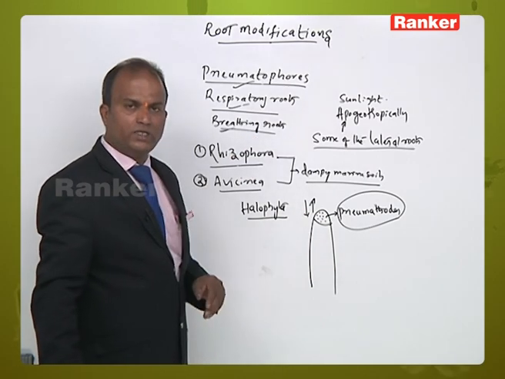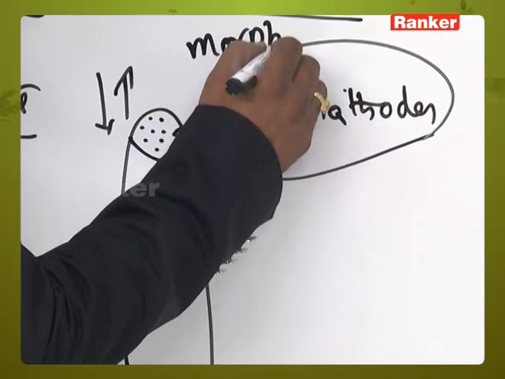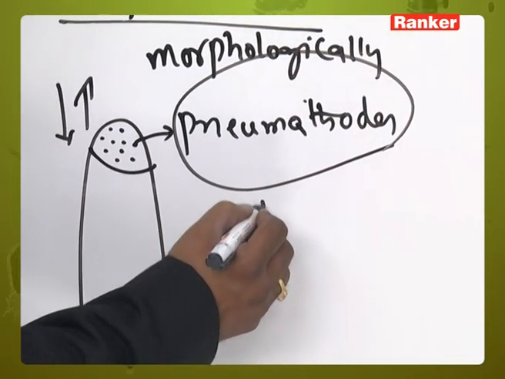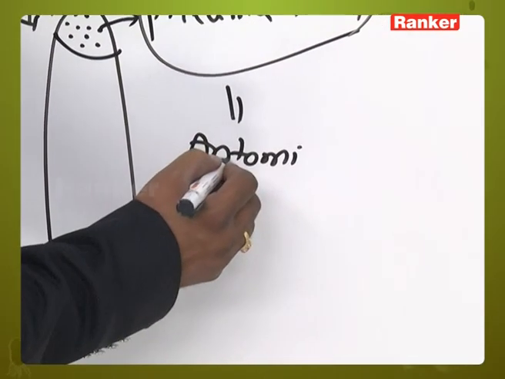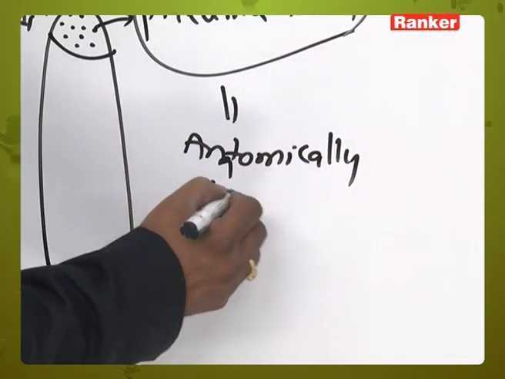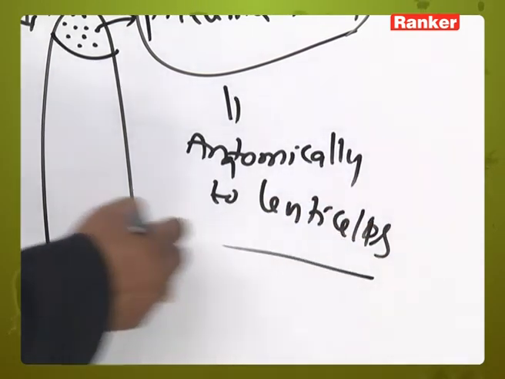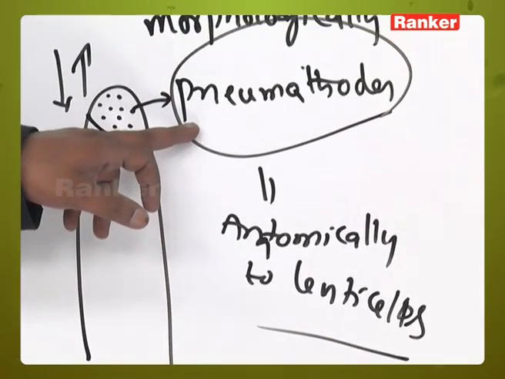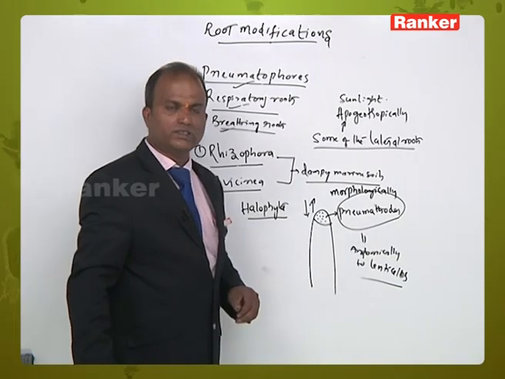Now, can you tell me what nematodes are morphologically? Morphologically, nematodes are anatomically equal to lenticels.